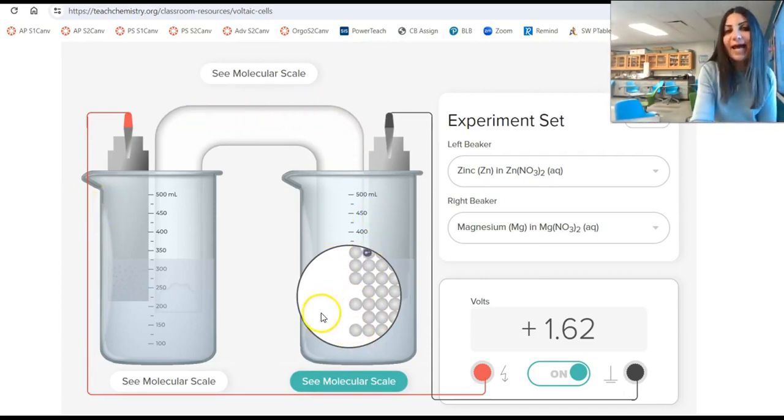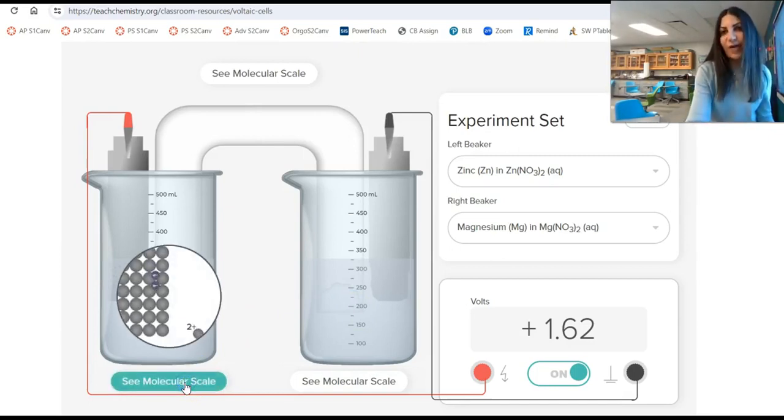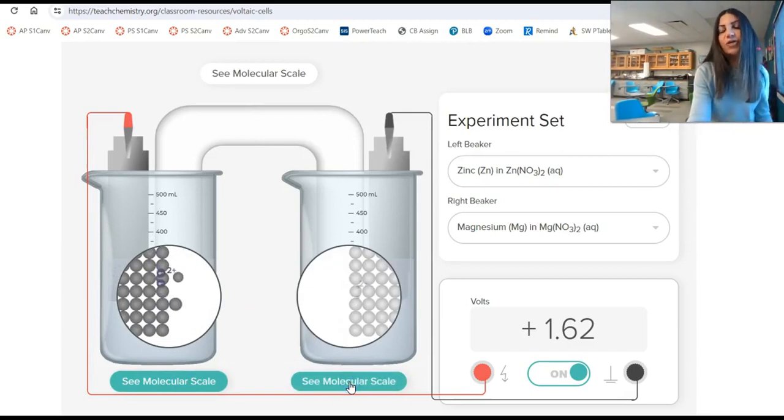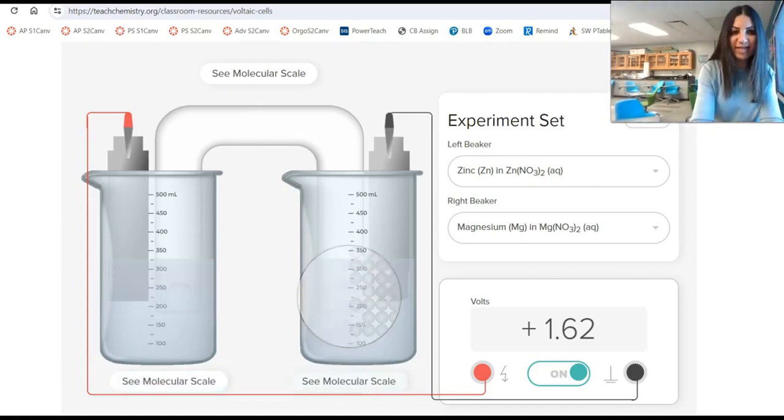And when that happens, notice I'm losing mass. It's kind of easy to remember because where you're gaining electrons, you're gaining mass. Where you're losing electrons, you're going to be losing mass because those are going to be turning into ions in solution. Okay? Hope that made a little bit of sense for you.